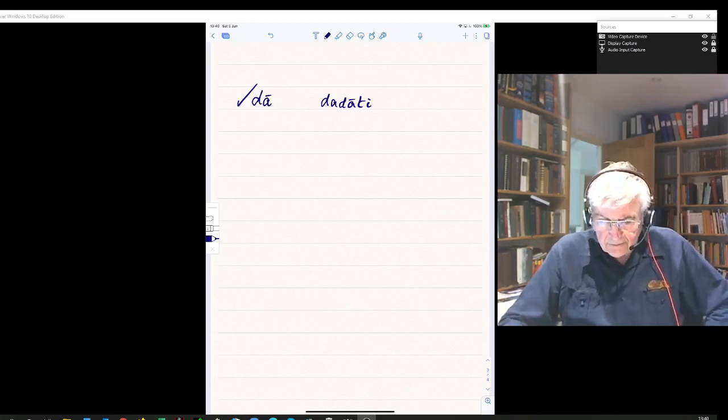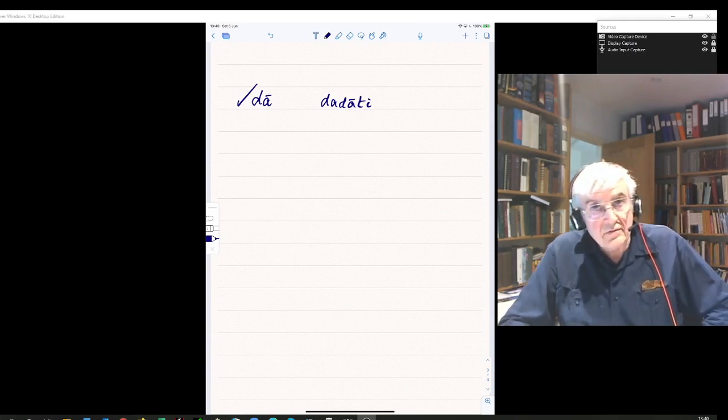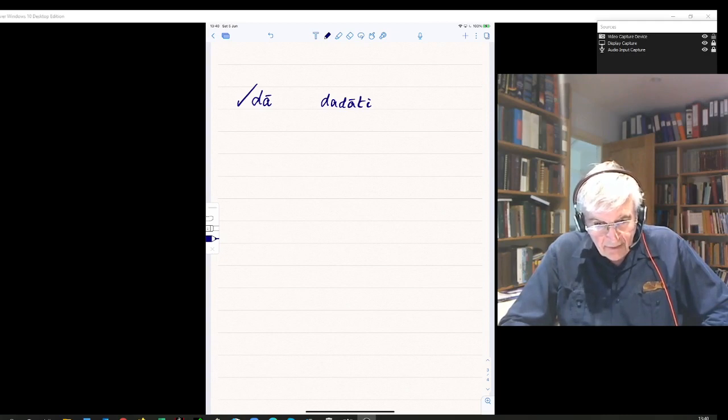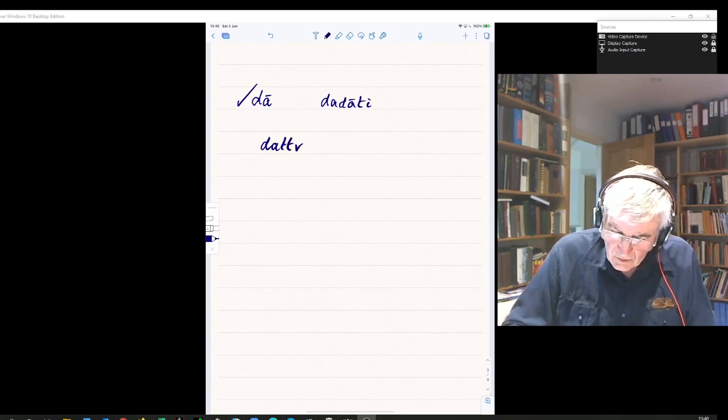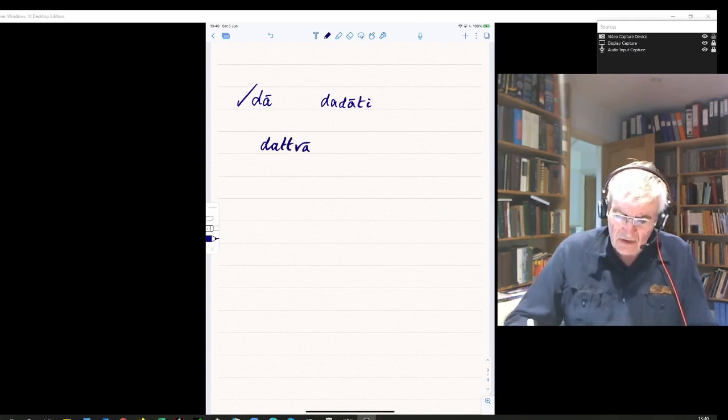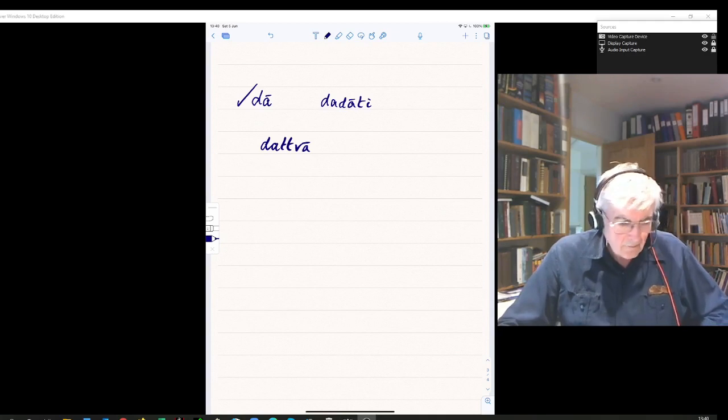In Sanskrit, the absolutive with the root without a prefix is done by just putting twa onto the end of the root. In fact, da is slightly irregular because Sanskrit doesn't have datwa but dattva. Dattva. That's Sanskrit. Pali has two alternative forms.